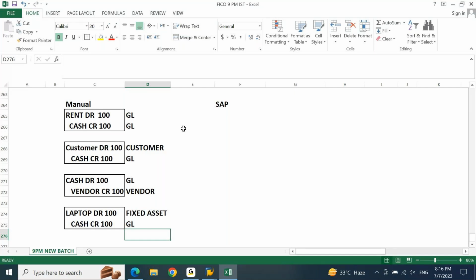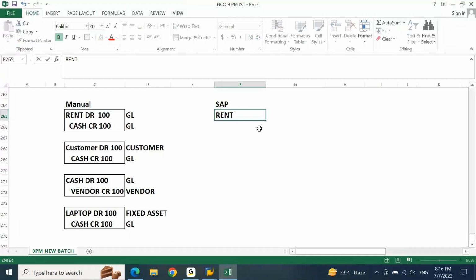The moment you are able to identify this, you need to understand what is main ledger, what is a sub ledger. In short, by looking at one accounting entry, you need to determine certain things in your mind automatically. Now, if I know that this is a GL account, I am going to write the same entry. Let's say rent. Instead of debit, what I need to put?